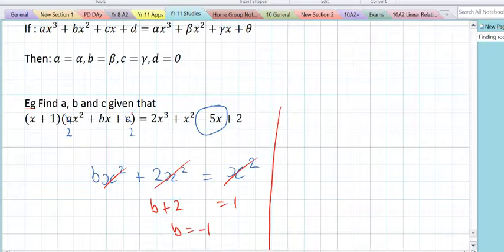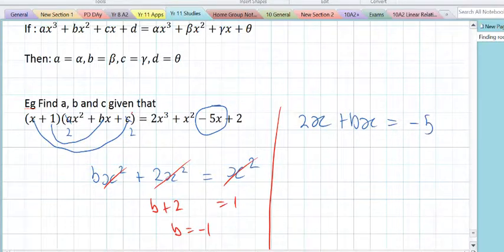Good. So there would be a cx, which is 2x, because this expansion here is 2x. And the other one would be bx. And that is all equal to minus 5.